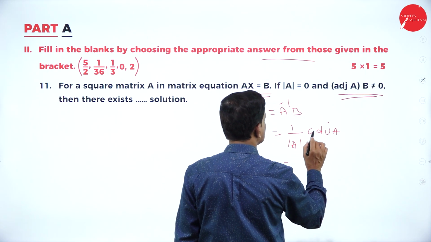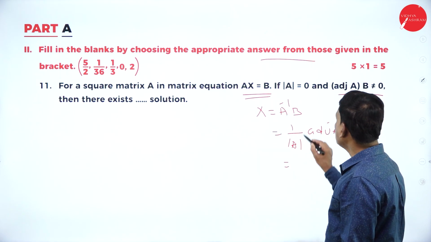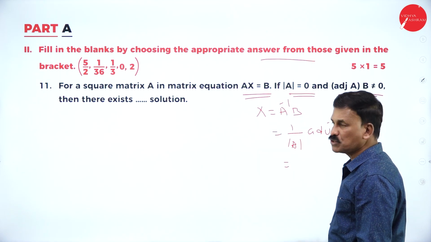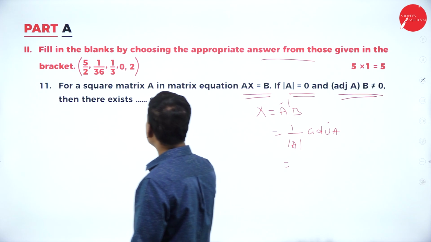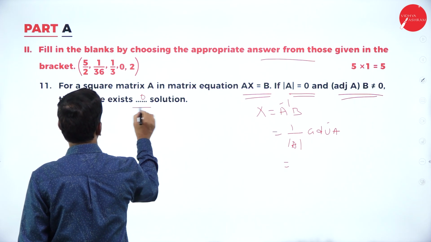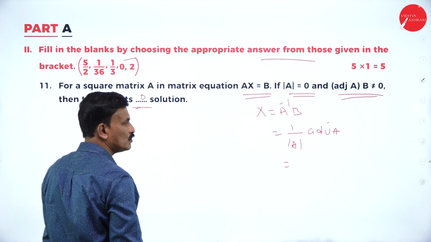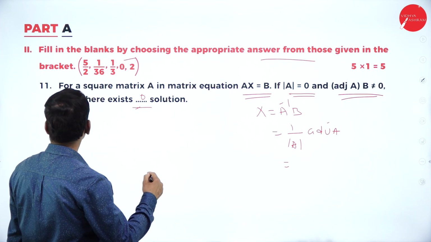If this is 0, what happens? So if determinant of A is equal to 0, there is no solution. There exist 0 solutions. The answer for this is 0 solutions. There is no solution.